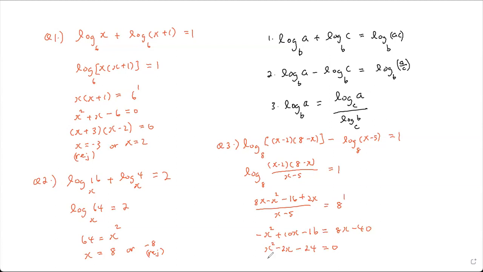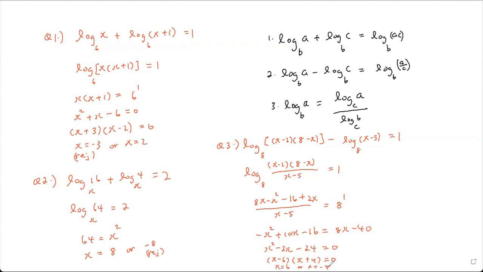I think I can use x minus 6. No, x plus 6. No, it should be x minus 6 and x plus 4. That should work. So x is equal to 6 or x is equal to negative 4.